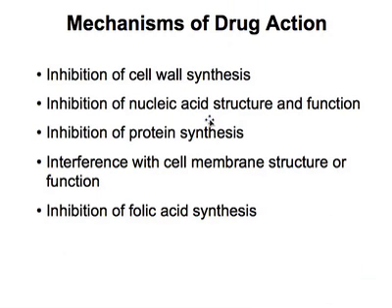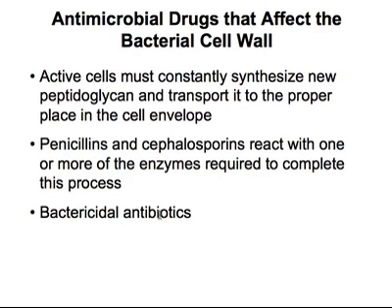So mechanism of drug action, so this is just the other groups that we've talked about in that picture slide. So cell wall, nucleic acid, protein synthesis, cell membrane structure, function, and/or folic acid synthesis. So targeting the cell wall, again, active cells, so cells that are living, vegetative, not endospores, need to produce cell wall almost constantly.